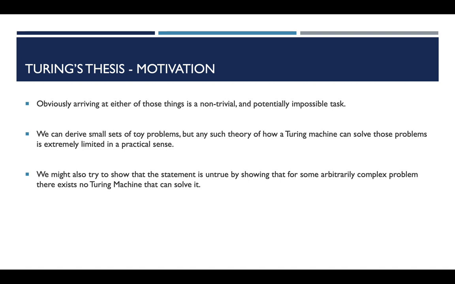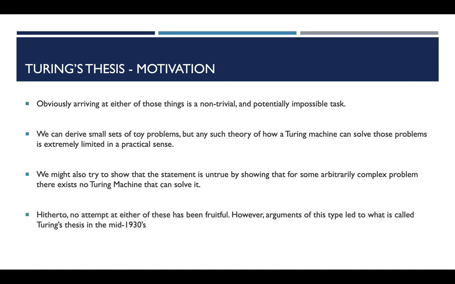What we're showing there is that yes, there could be some esoteric problem that we have not shown an algorithmic solution for, but that doesn't necessarily mean that that same problem can be solved by a digital computer. So it doesn't actually help us show that there is any difference between a theoretical Turing machine and the practical implementation that you're probably watching this video on.